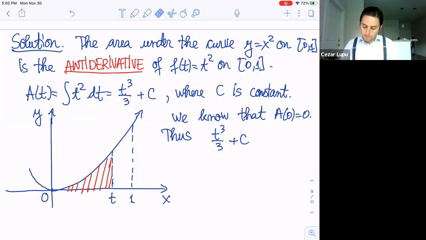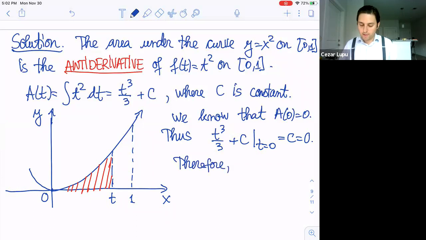Okay, sorry, evaluated at t equals 0 it is c, which is 0. Therefore we can infer that A of t is nothing else than just t cubed over 3.